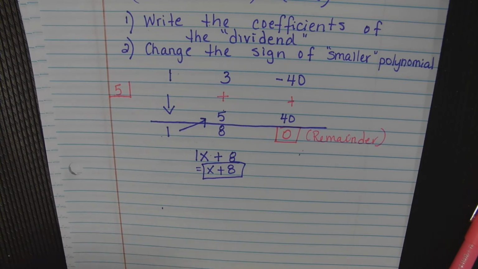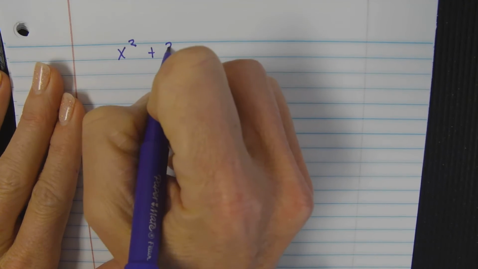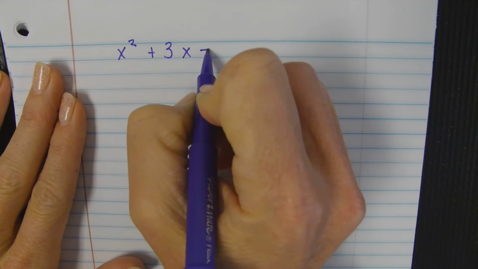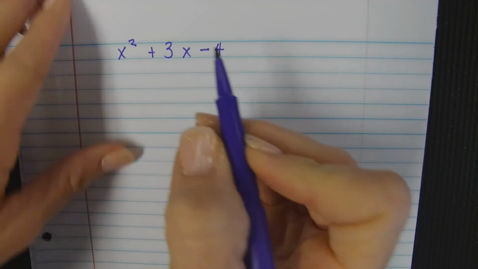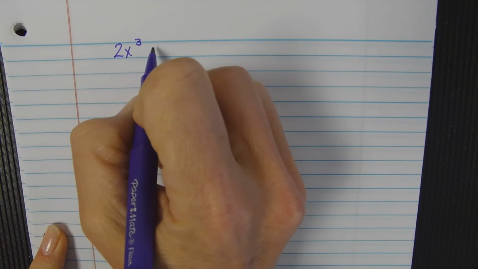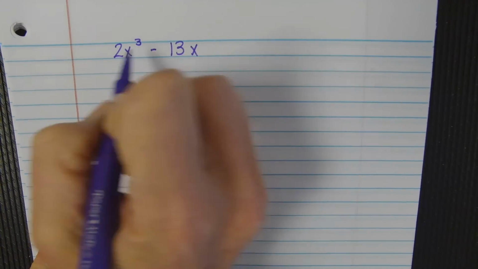Let's do another one. X squared plus 3x minus 40. No, this is the one we just did. That's fine. 2x to the third minus 13x squared plus 26x minus 24. This is number 3.